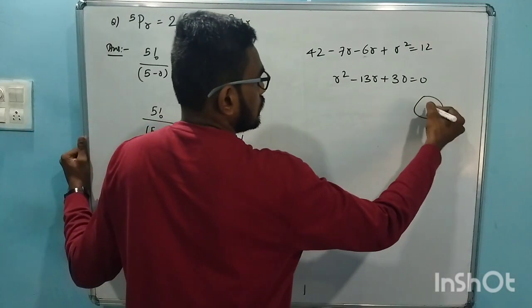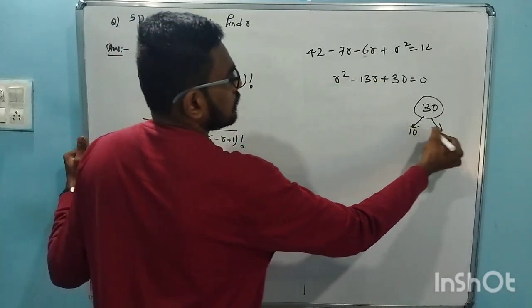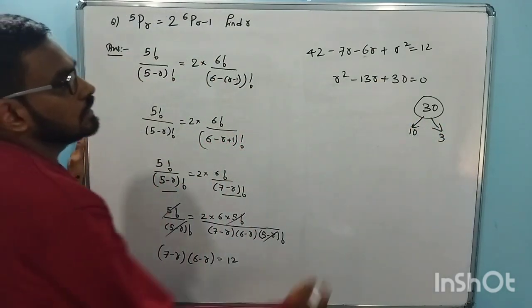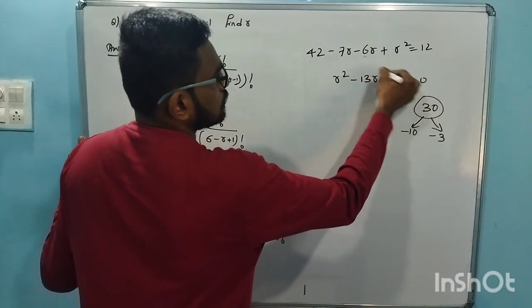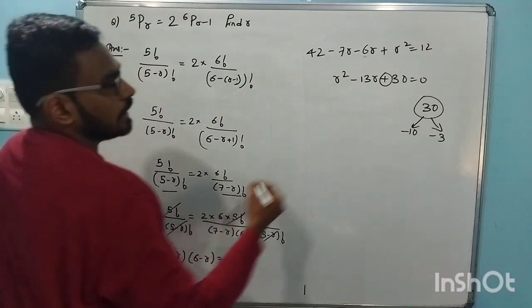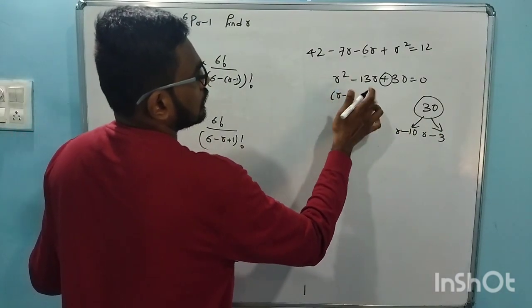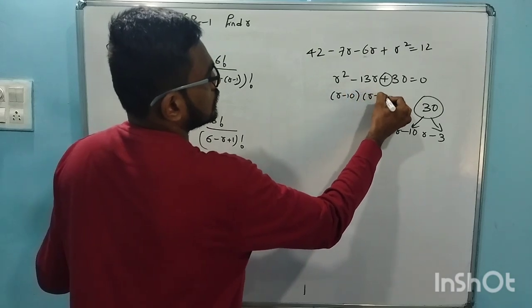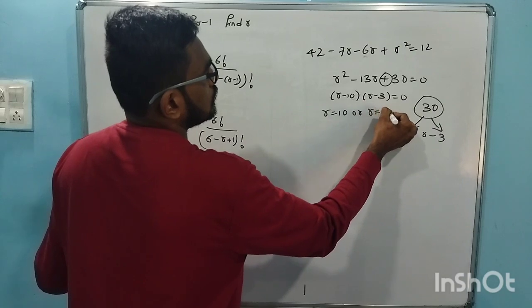First 30, then 10 and 3 obviously. Now this sign we give to both the numbers, since this is plus here. So directly write r minus 10, r minus 3 here. So (r minus 10) into (r minus 3) equal to 0. So r is equal to 10 or r is equal to 3.